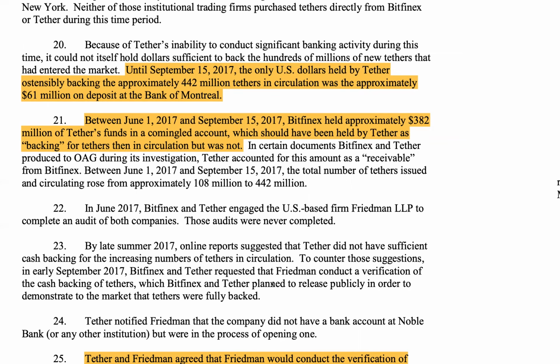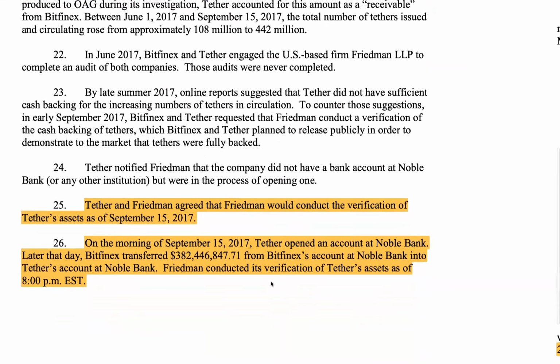Between June 1st and September 15th, Bitfinex held approximately $382 million of Tether's funds in a commingled account. So I guess that's where the money actually was, but that should have been held by Tether as backing for Tether's, but it wasn't. So they were kind of sharing money, which is not good.